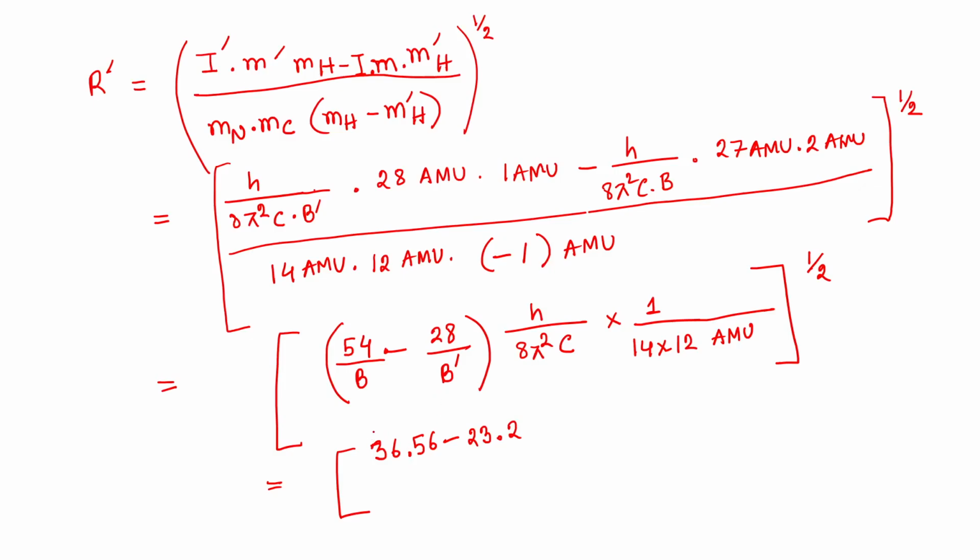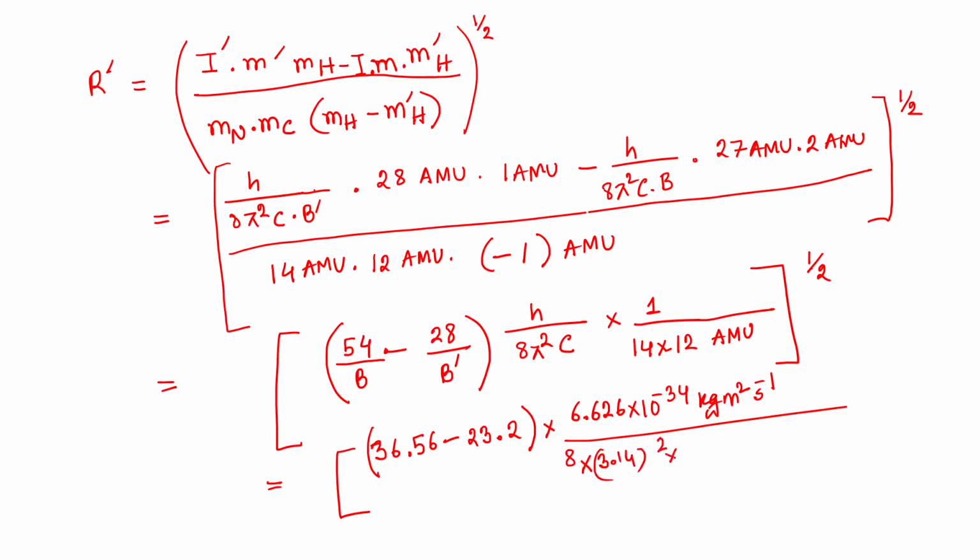6.626 into 10 to the power minus 34 kg meter square second inverse, divided by 8 pi square into 3 into 10 to the power 10, and the unit here, 54 by B, so the unit is centimeter, right?